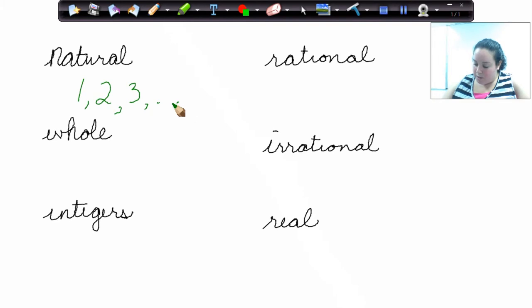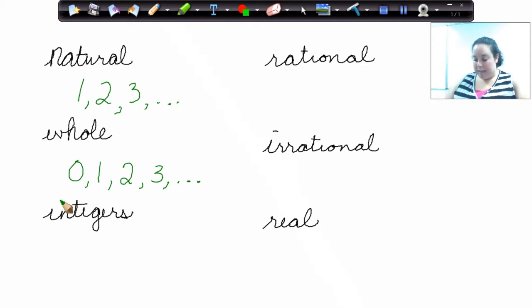The whole numbers are the natural numbers, but they also include 0. So 0, 1, 2, 3, and going up from there. And the integers are like the natural numbers and the whole numbers, but they also include the negatives.